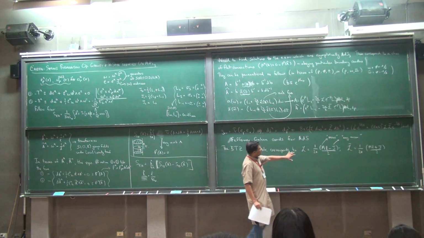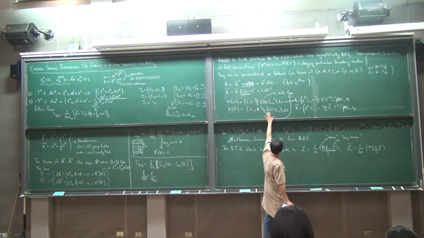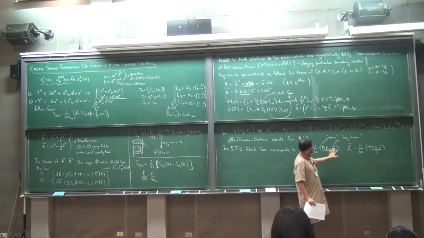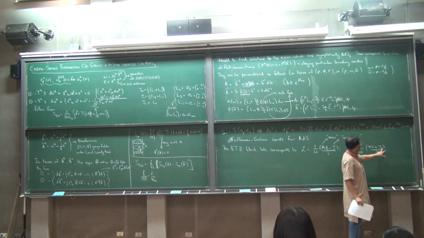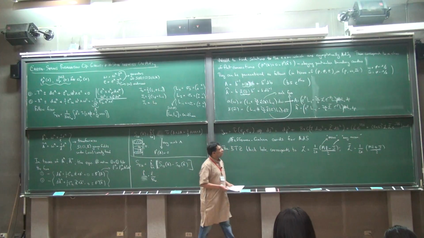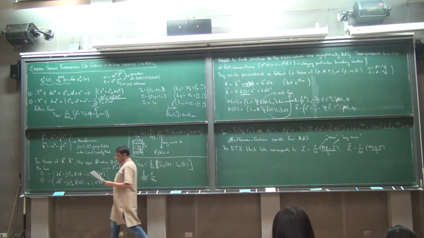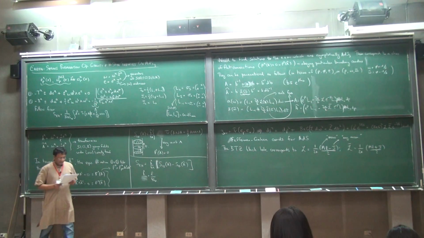These are just L and L bar. BTZ is a special case of this, where L and L bar are just constants, so you can parameterize these two constants in terms of two other numbers, m and j, which turn out to be the mass and angular momentum of the BTZ solution.